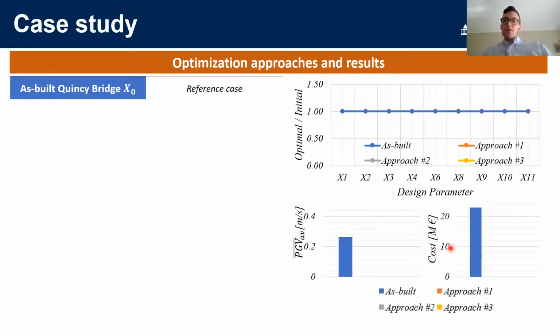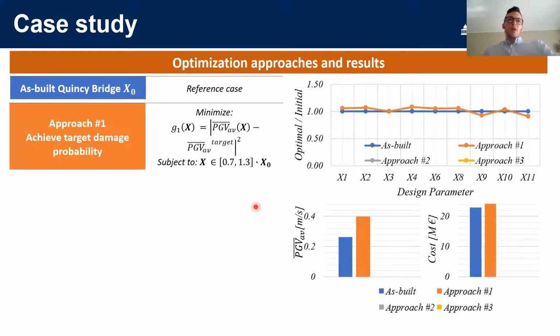And then we will compare the results in terms of cost. So the initial bridge has a cost of 22 billion euros, and then we will see what happens by implementing these three optimization approaches. The first one aimed at achieving a target value of damage probability, which in this case I assume to be 0.4.